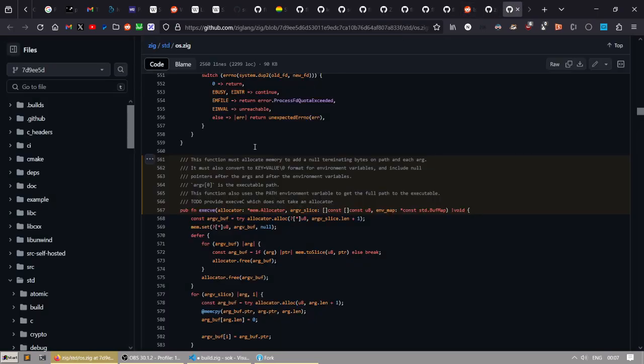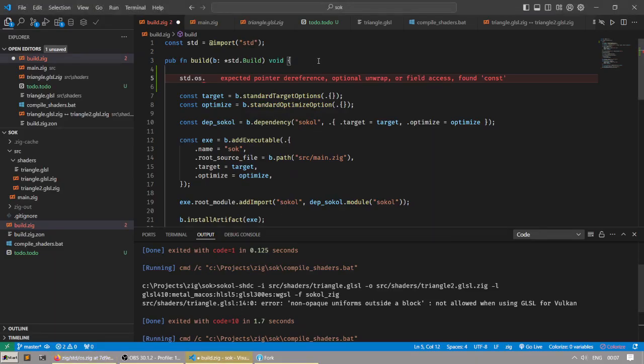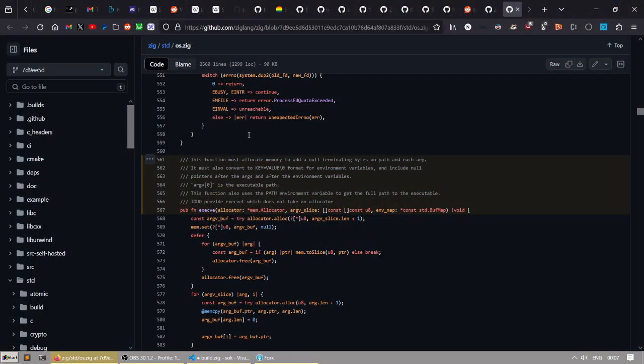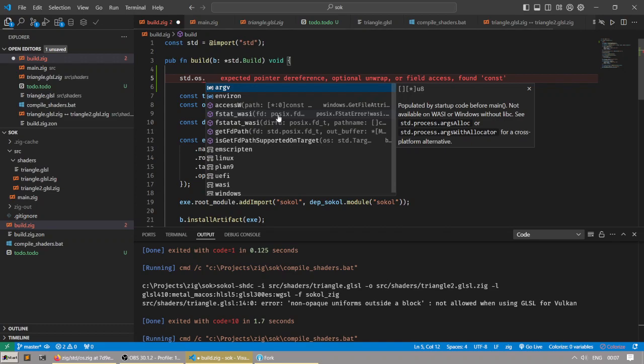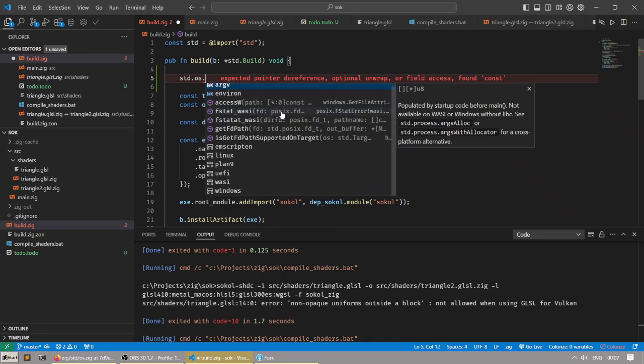So what was it again? execv. Isn't it in the OS? It is in the OS. So maybe it doesn't exist anymore. Access, it doesn't have anything interesting populated by startup code.